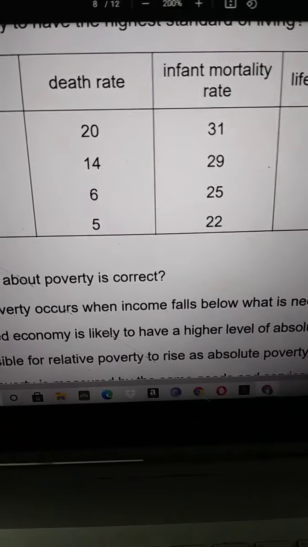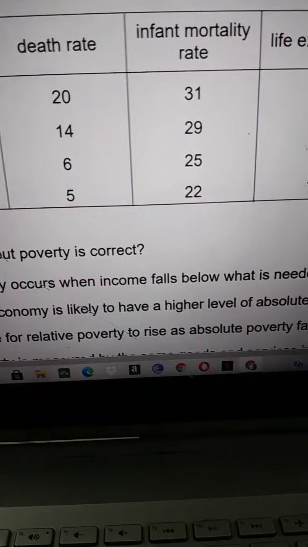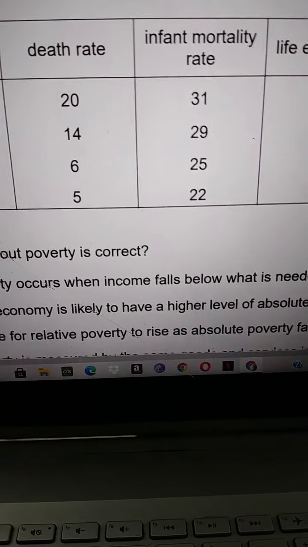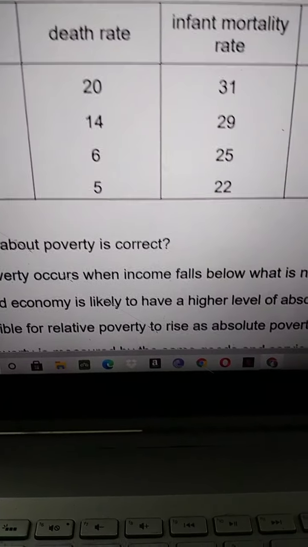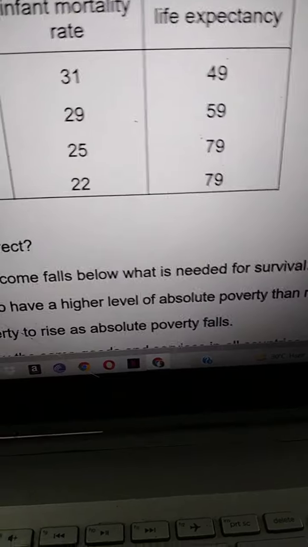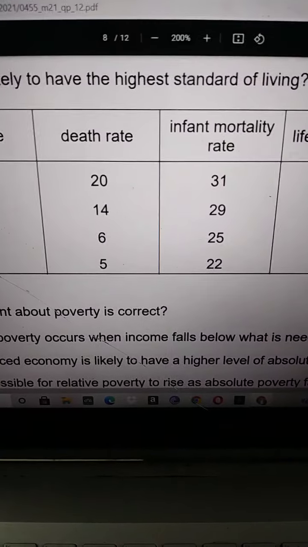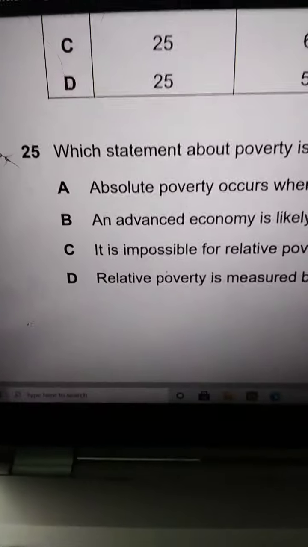The number of kids not surviving the first year of their birth is the infant mortality rate, and that is basically showing poor living standards. Life expectancy is very high, 79. Option D is the correct answer for a country which is having the highest standard of living. Easy question.